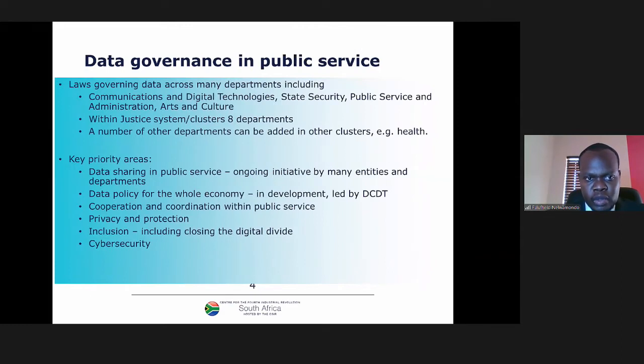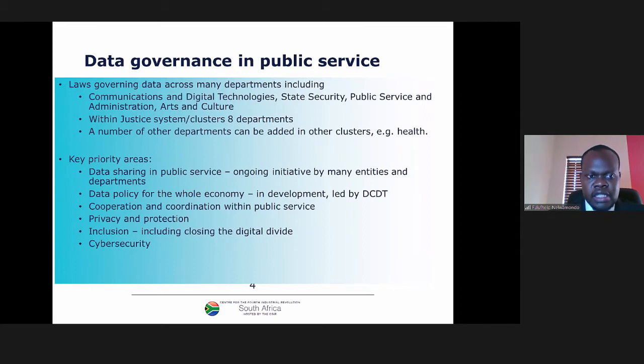Just to get quickly into the summary, the issues that came into the discussion were around data governance in the public service, in particular, aspects related to the laws governing data across many departments. I'm not going to go through the details of the departments, but we are aware of a number of departments that are doing a lot of work in this particular space, and where to look at the various laws that sit there.